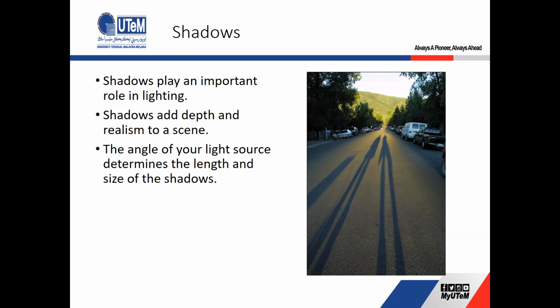I think this is not quite difficult to understand, because every time we are in the presence of light. Even when you walk under the sun, you can see the source of light, and this is your shadow, right?